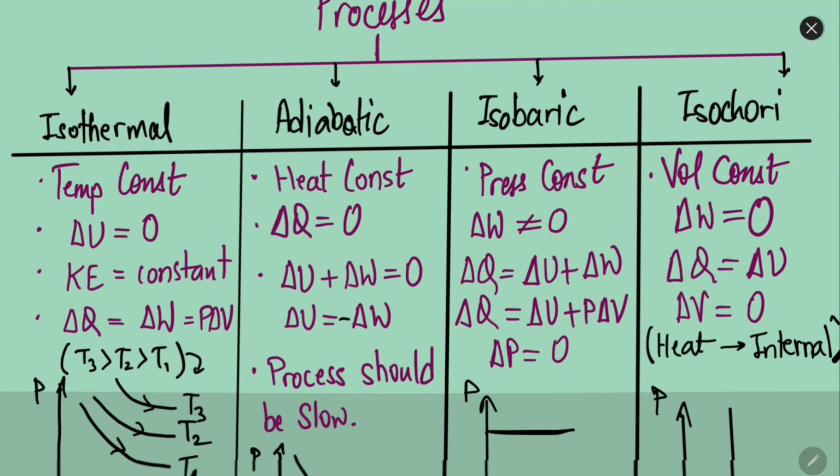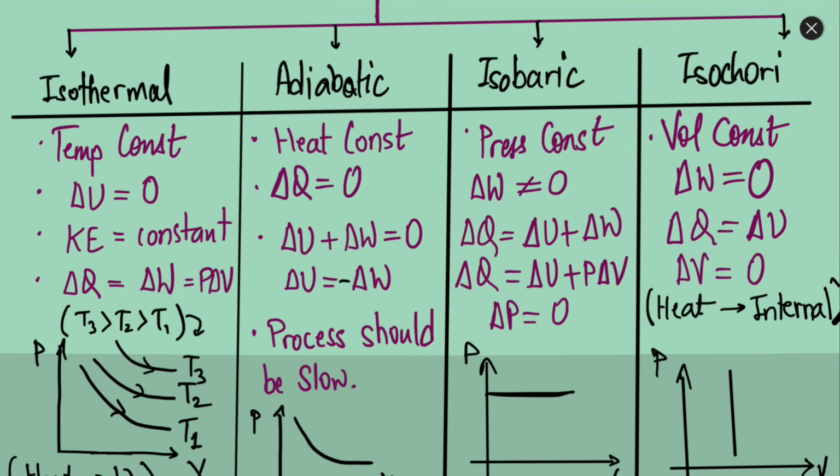So as discussed, isothermal, adiabatic, isobaric, and isochoric processes are there. In these, temperature is constant, heat is constant, pressure is constant, volume is constant. If temperature is constant, that means internal energy is not changing because kinetic energy is constant. So the internal energy change will be 0. In the adiabatic process the heat change will be 0.